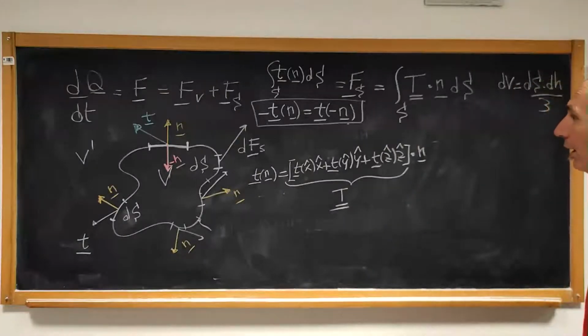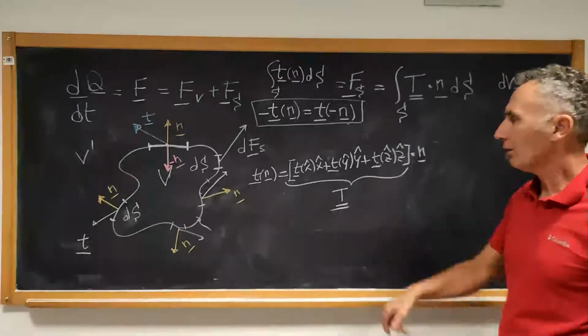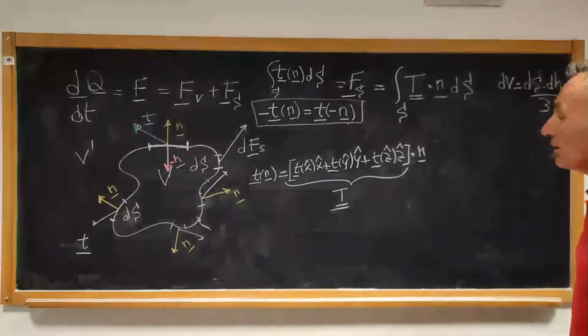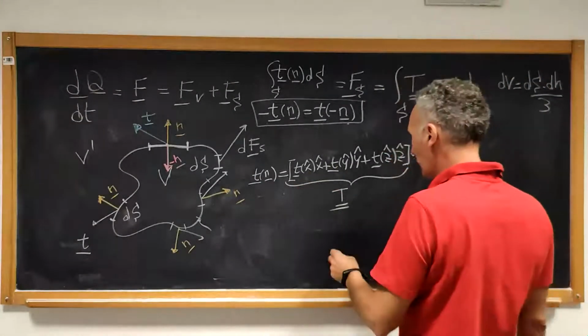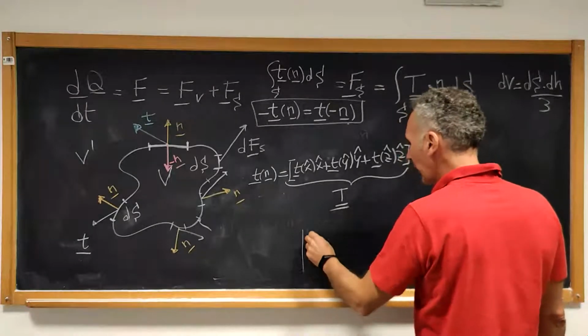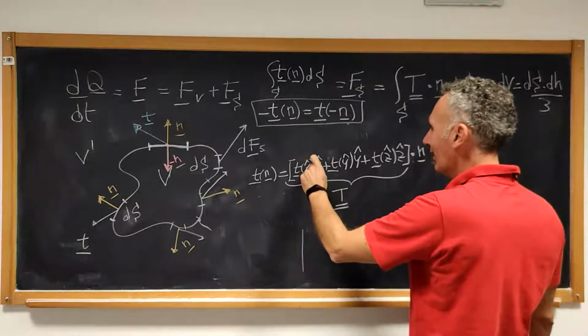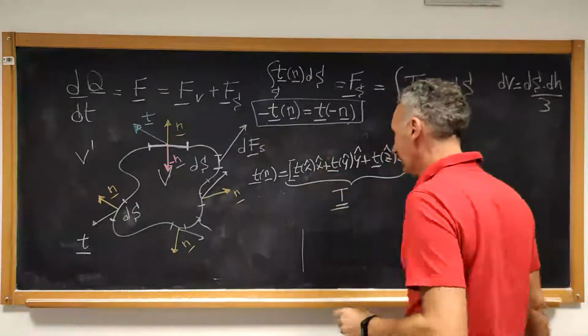Now we can say a bit more about how this tensor looks like, because actually something we could do is to write this tensor in this way. So this would be the tension along the x direction and then projected along x.